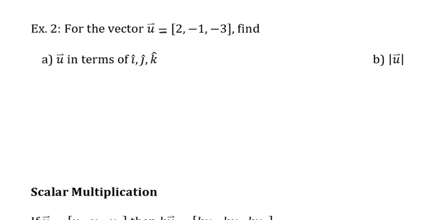So it's just going to be 2 times i hat minus 1 times j hat, so minus j hat, minus 3 times k hat.